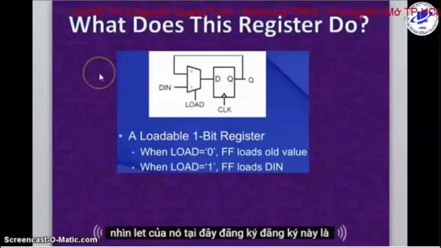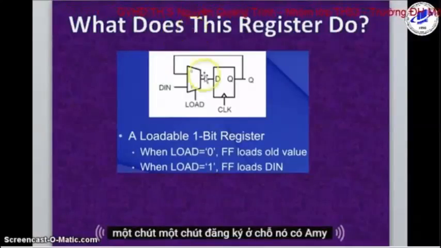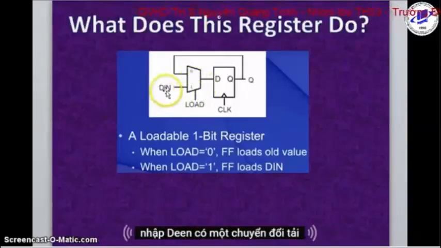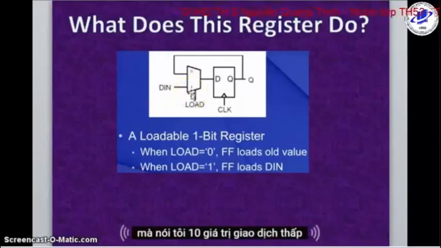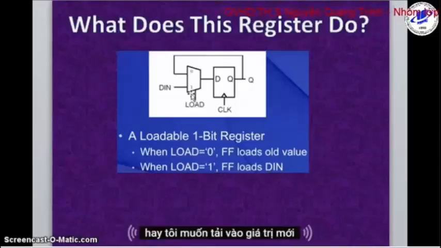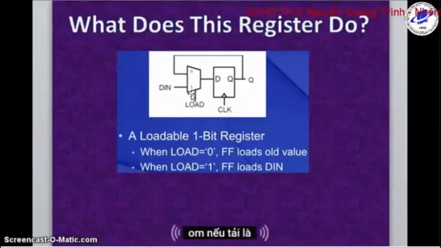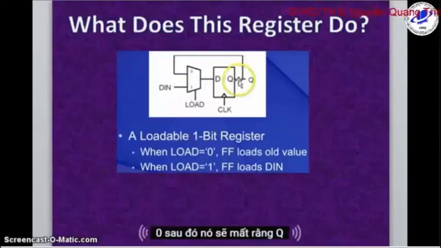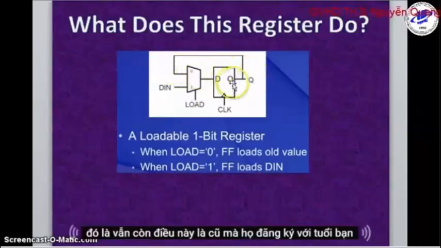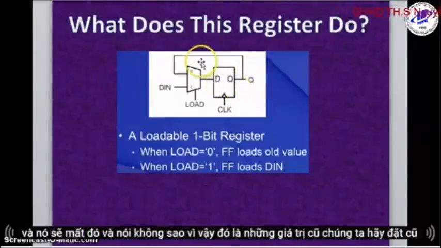Now let's look at this register. This register is a loadable 1-bit register in that it has an input, the DN. It has a load switch that says, do I want to load the old value, or do I want to load in the new value? If load is 0, then it's going to take that Q, which is the old value, the register with the old value, and it will say, okay, so that is the old value.